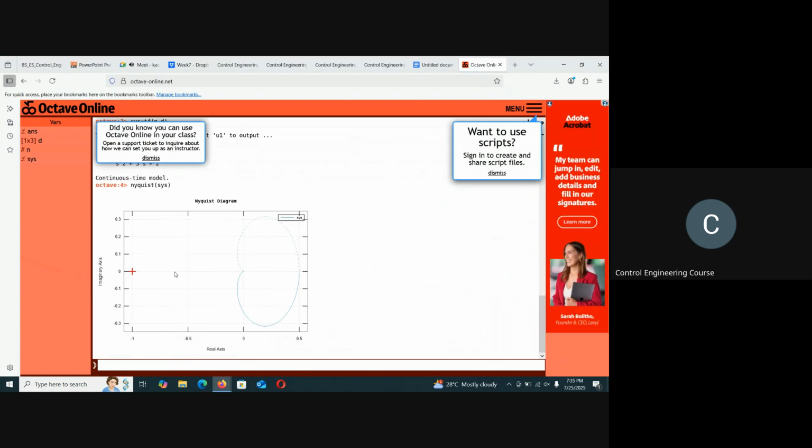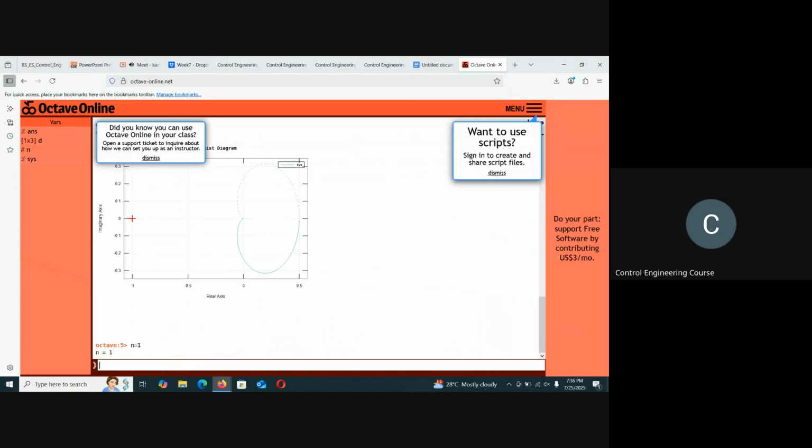So here what you see is minus 1 is here, okay? In the Nyquist plot, the red point will always be minus 1. But the Nyquist plot does not encircle it at all. If you try a third order system, you may get something interesting.